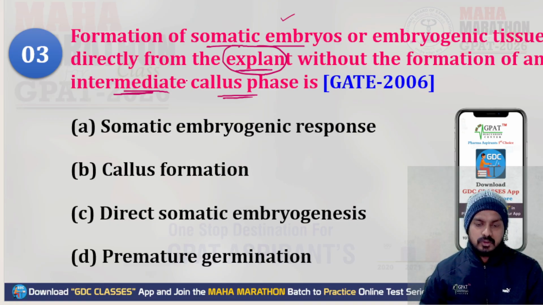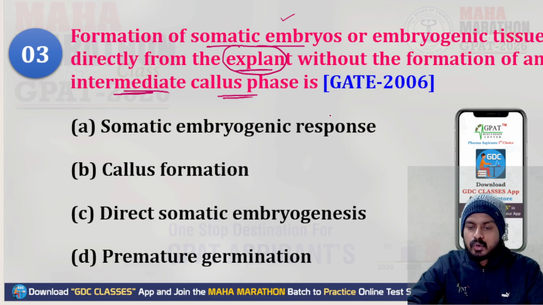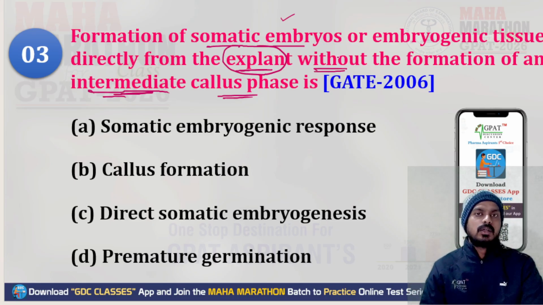The options are somatic embryogenic response, callus formation, direct somatic embryogenesis, or premature germination. You will not see any intermediate, only direct formation.